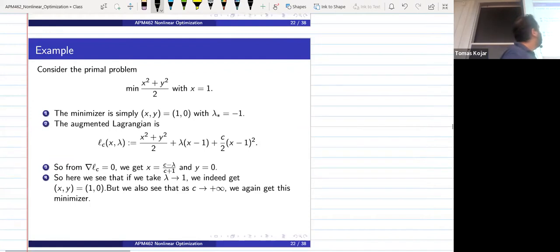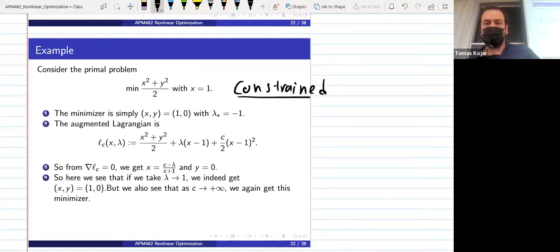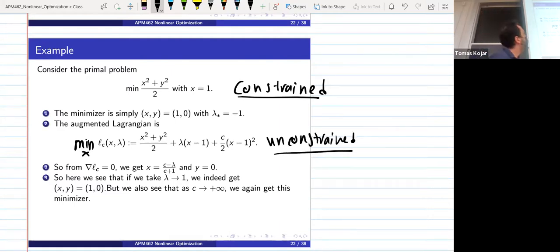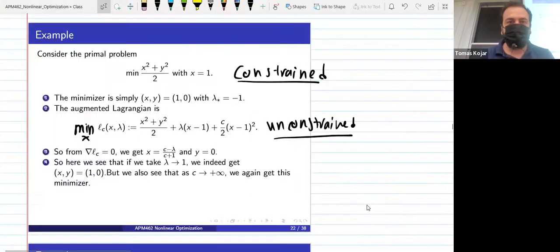All right? So again, this method is called the penalty method, and you're going from a constrained problem to an unconstrained. Okay? All right, so good. And we use this to do numerics, meaning I'm doing numerics for the augmented Lagrangian.